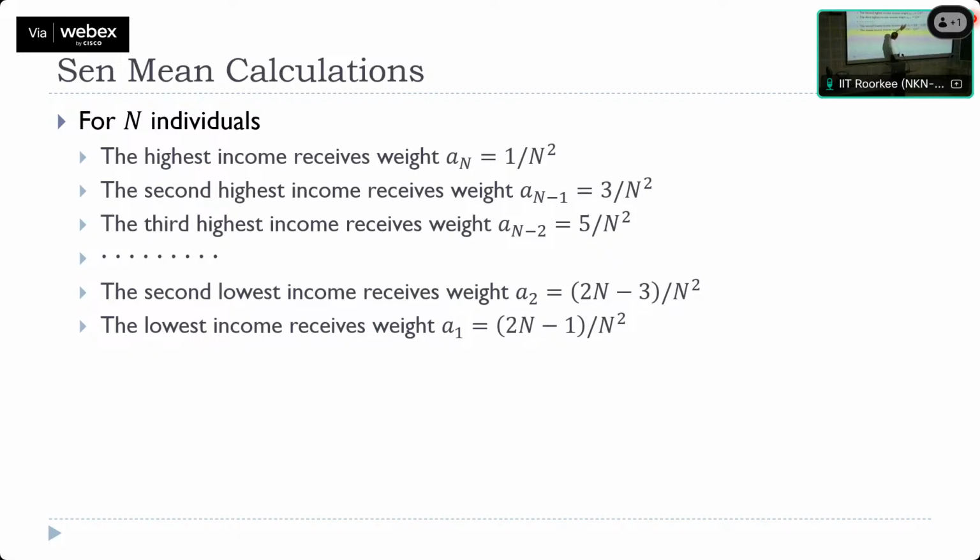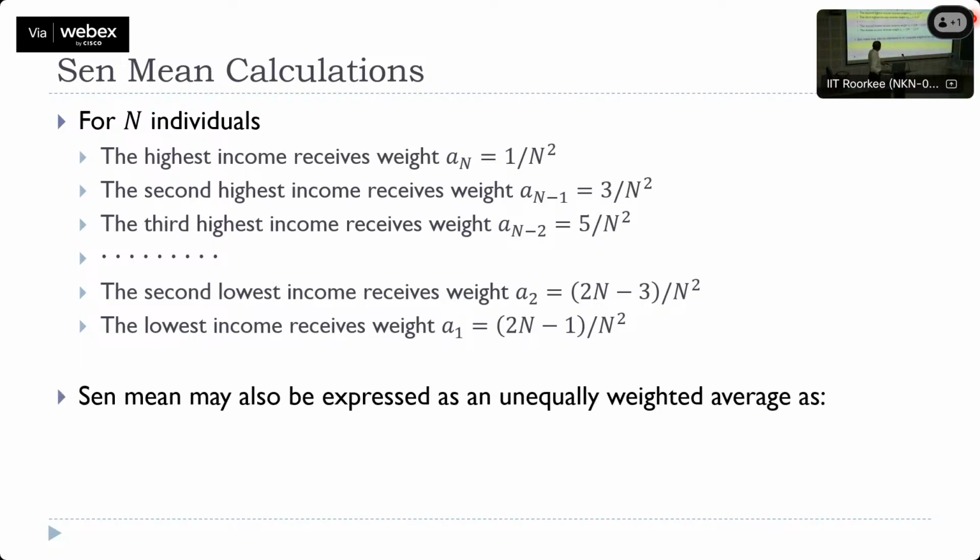Look, the weight is increasing, so it's an unequally weighted average, where you are putting more weight on the poorer and less weight on the richer. So if you have inequality, that weighted average of Sen mean will be lower than the average, and that difference can be considered as loss due to inequality. We'll come to that in a while.